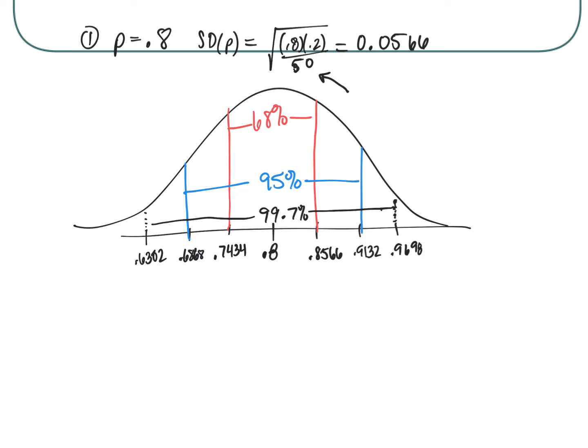If the number I'm dividing by is bigger, then my answer gets smaller. So the larger the sample size, the smaller the standard deviation, the less variation there will be. And the smaller the sample size, the more spread out our normal model is going to be.